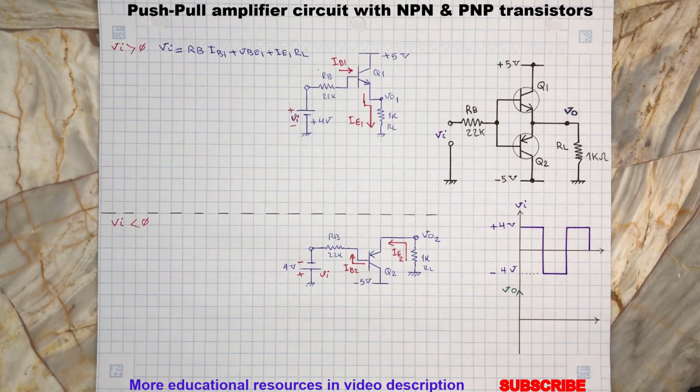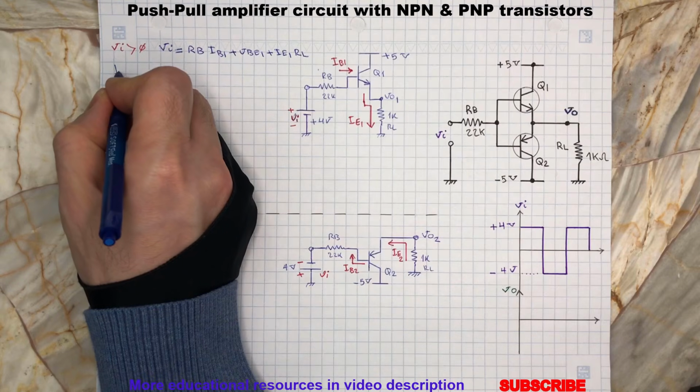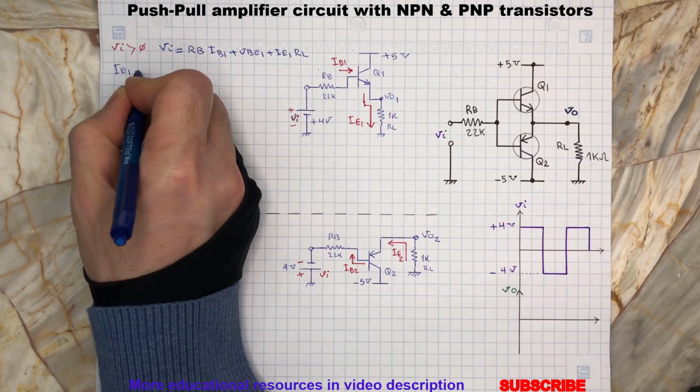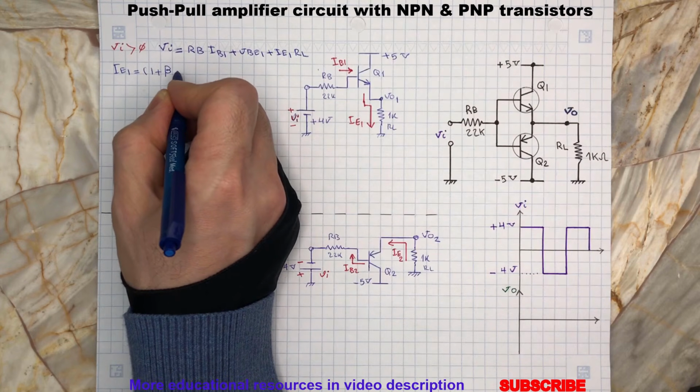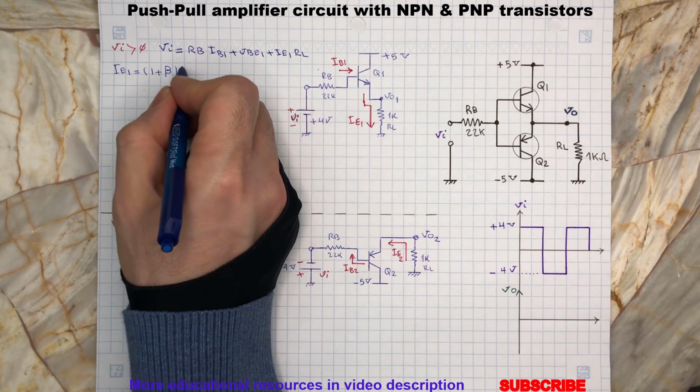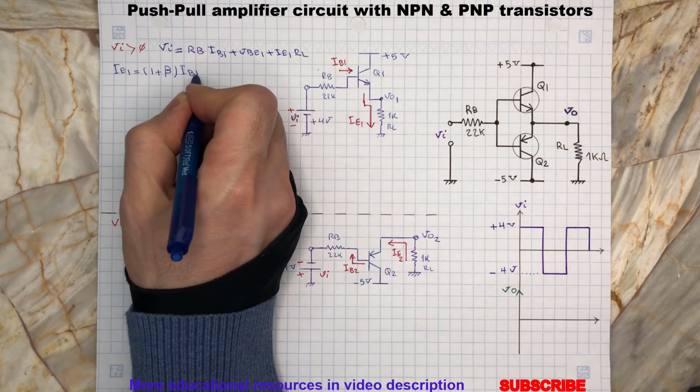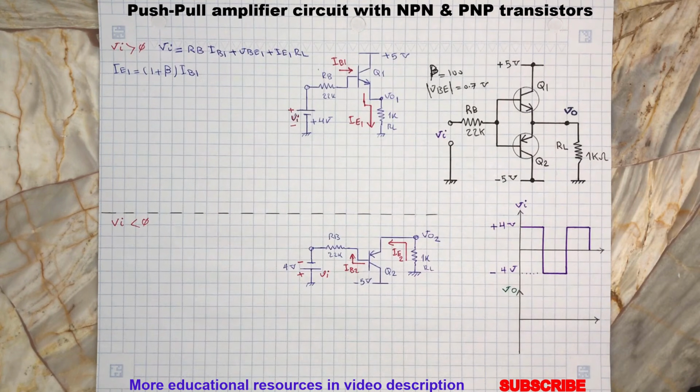And we know that the emitter current is... Let's plug the resistor values and rearrange the equation to find the base current first.